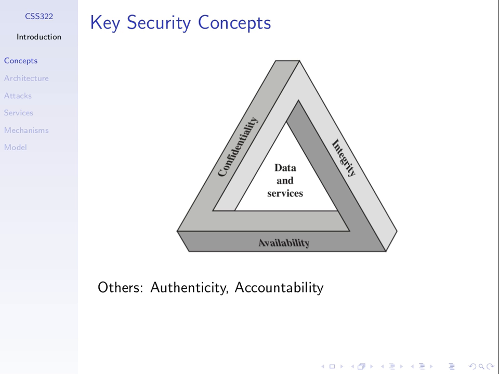As an example, if we have a message at a source entity and we want to send it to a destination entity, then when we send that message across our communications network, the message that's received should be the same as what was transmitted. If some malicious person somehow modifies that message during the transmission, then what's received is different from what is transmitted, and we've lost the integrity of that information. So that's one example of integrity of our information sources.